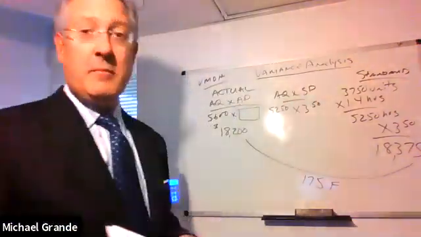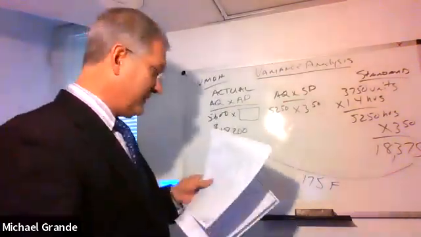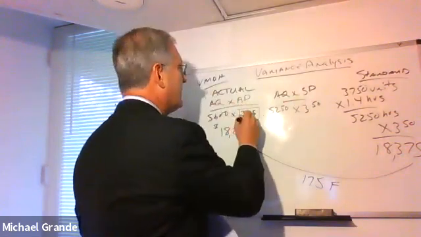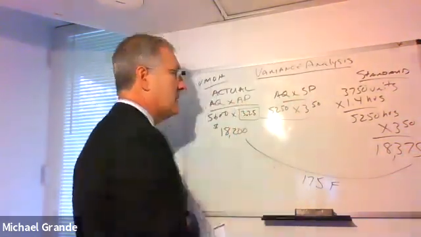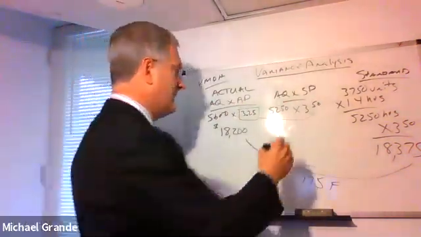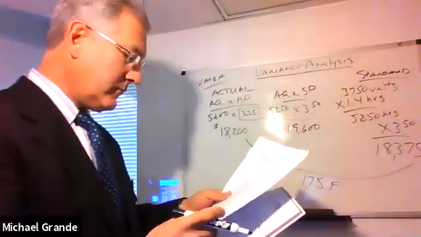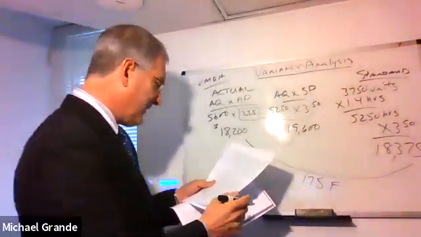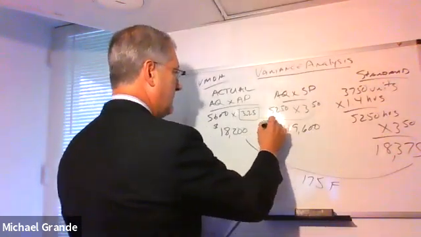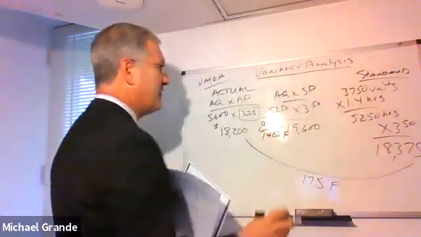They don't give you that number, but you can figure it out. 18,200 divided by 5,600 is 3.25. So you can see a little bit of a savings there, right? This number in the middle, 19.6. So they have a rate variance here, right? This is the rate variance of 1,400 favorable.